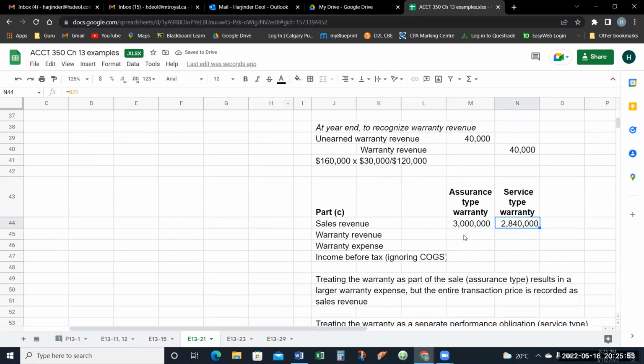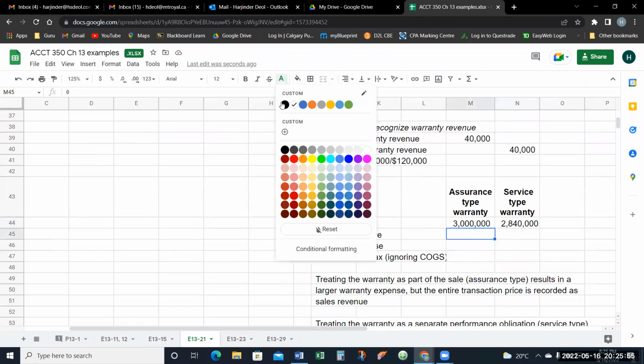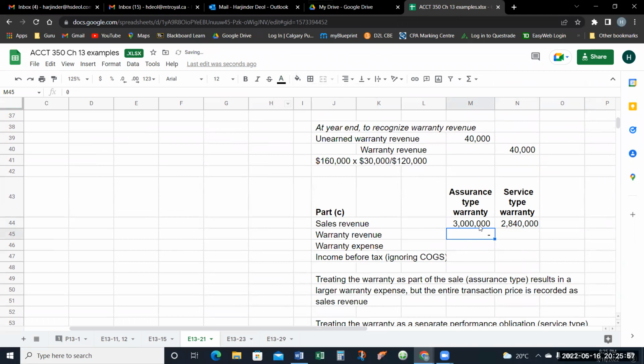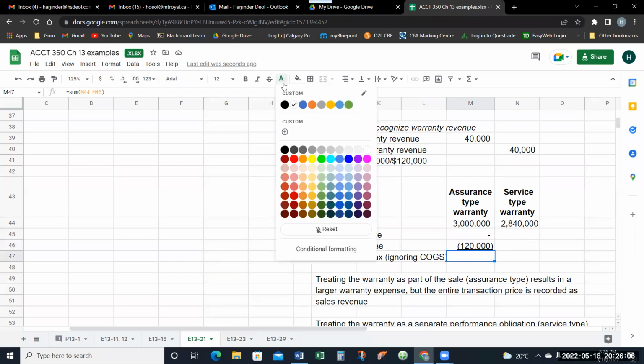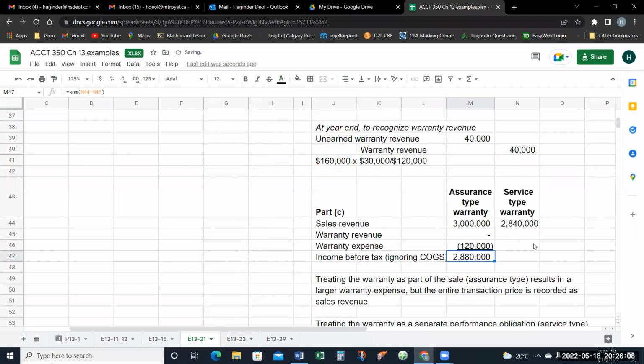Under the service type warranty, there is no warranty revenue, right? We do record a warranty expense of $120,000 though. So overall, ignoring cost of goods sold, the effect on income before tax works out to $2,880,000.